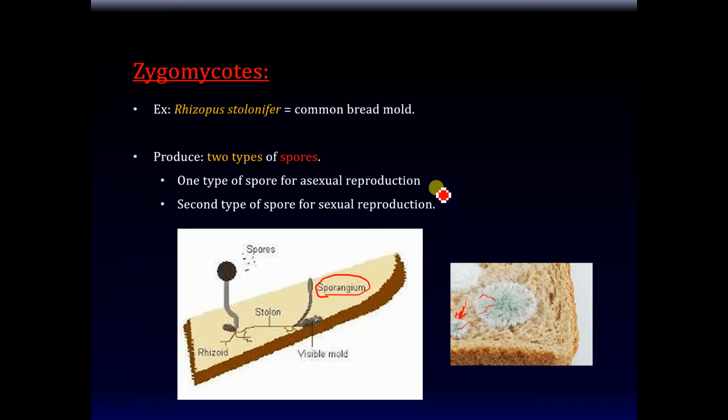The difference between asexual and sexual reproduction is that in sexual reproduction there is a mixing of genetic material from two different sources. In other words, genetic material fuses from two different fungi.